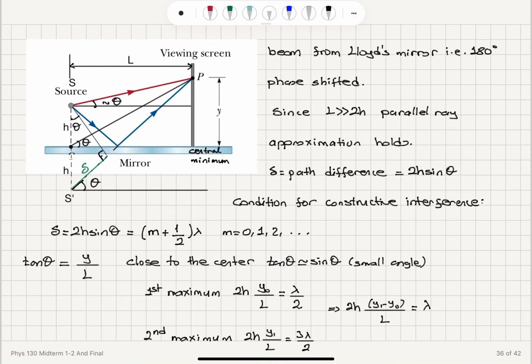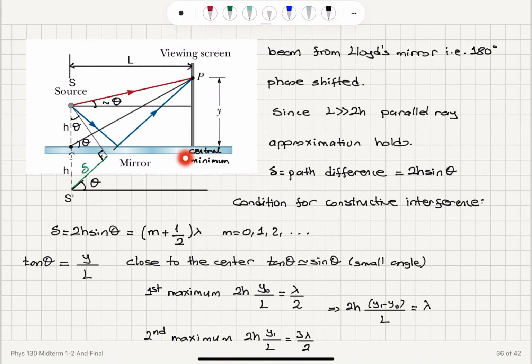And tangent theta is y over L at the same time. So the condition for constructive interference, the path difference normally would be equal to m lambda, integer multiples of a wavelength, but because of this 180 degree phase shift, this becomes m plus 1/2 lambda, and the central maximum turns into a central minimum.